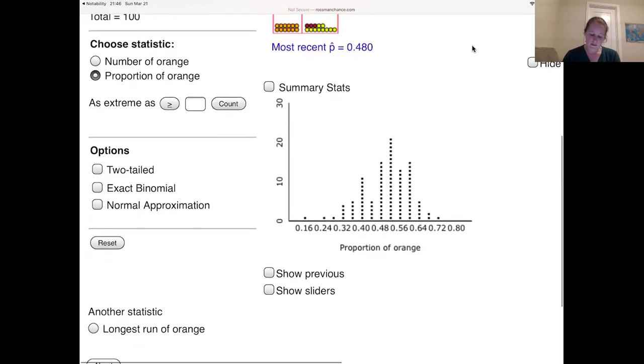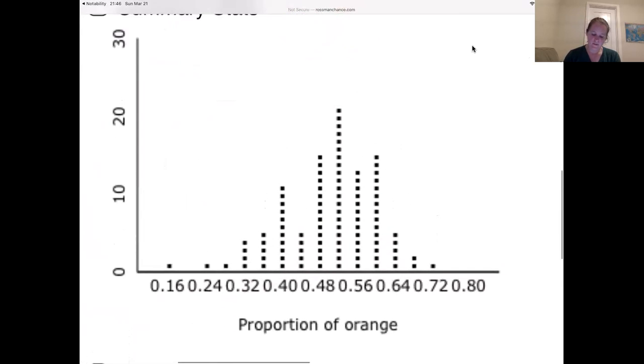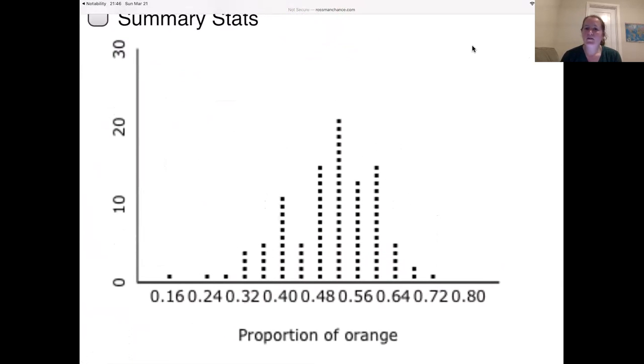And then we have a dot plot down here, which has all of the different sample proportions, how many candies out of 25 were orange from 100 different samples of 25. So we can already see what are the common proportions to happen and what are more rare.